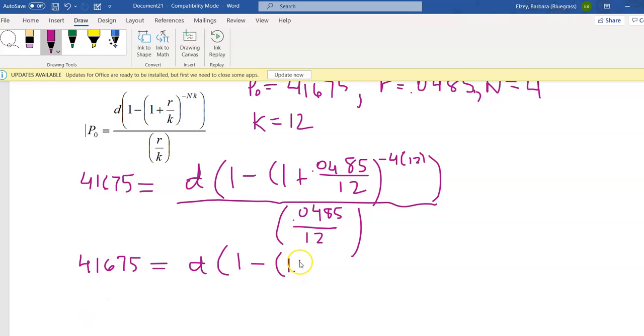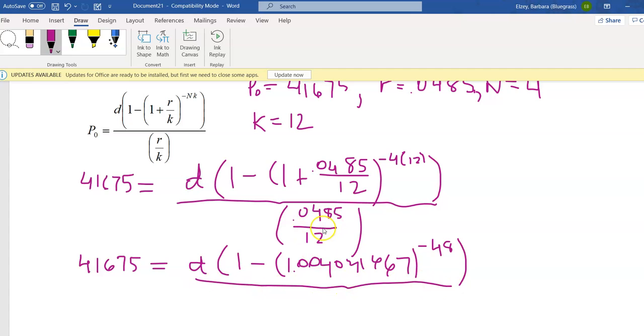That gives me 1.00404 1667, and that is raised to the negative 48 power all over. And remember, we can kind of shortcut this. It's just the decimal portion of that number.